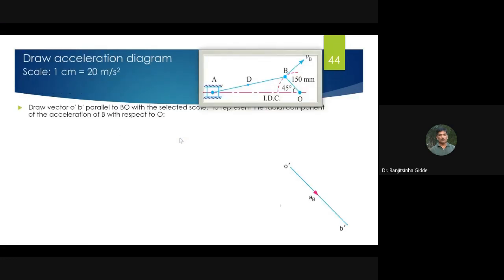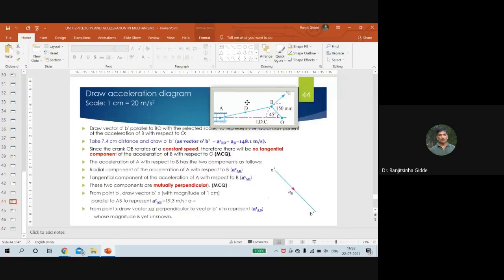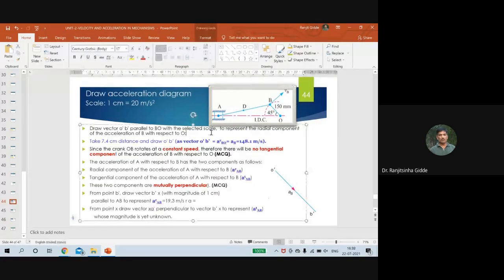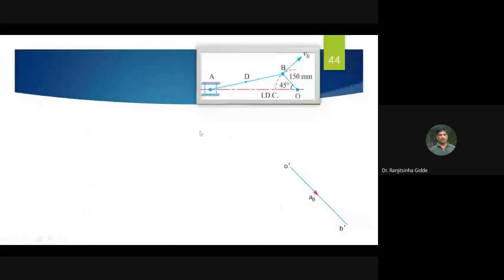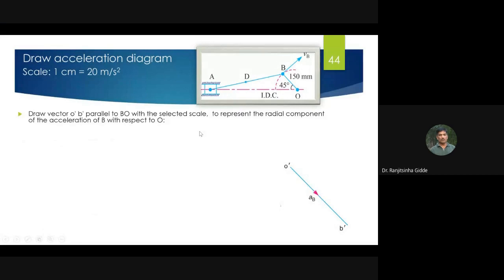Then you can select suitable scale for that. Scale, write down: 1 centimeter is equal to 20 meter per second square.